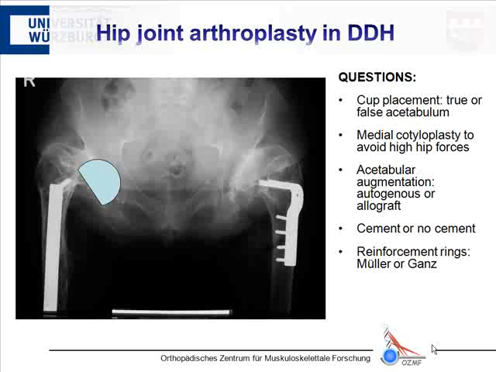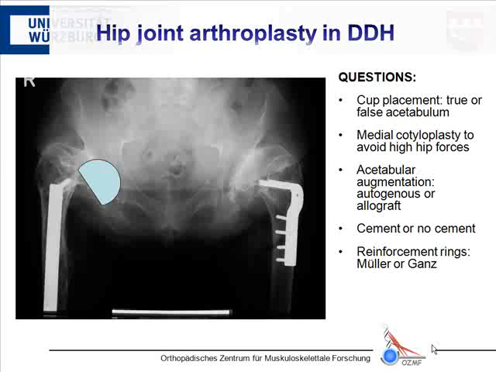You can try to medialize the cup doing a cotyloplasty, which is just a fracture of the inner wall of the ilium, and which is good for the biomechanics because you decrease the lever arm of the muscles.